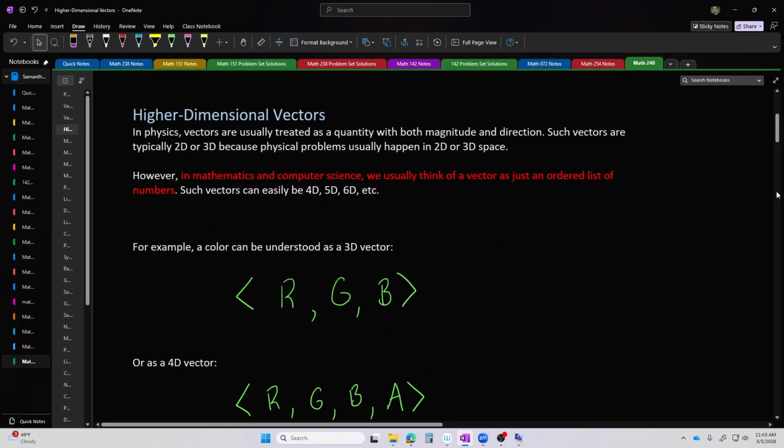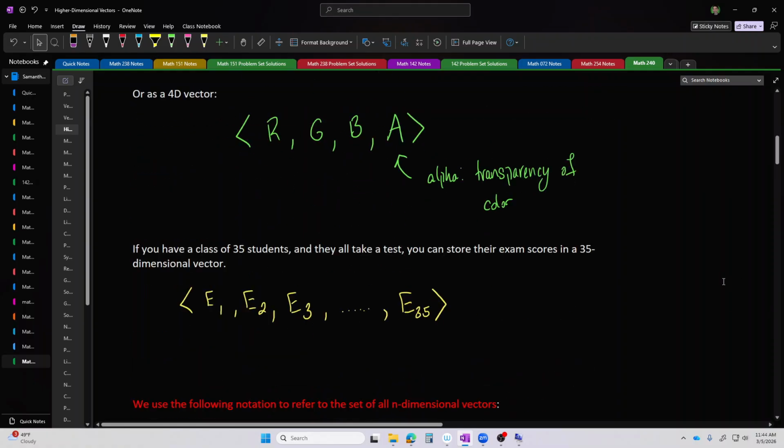To summarize, in this episode, we introduced higher dimensional vectors. To make sense of higher dimensional vectors, we think of vectors just as a data structure containing an ordered list of numbers, beginning to move away from the kind of vectors that we worked with in physics.